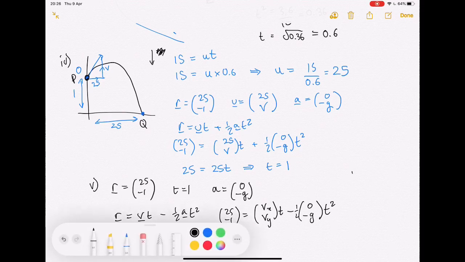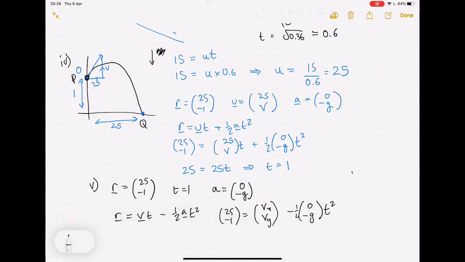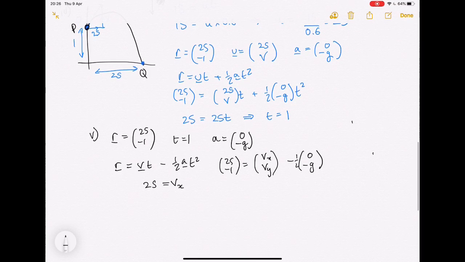But we know those t's are 1, and t squared is also 1. So what can we learn from here? Well, we can write down two things. We can write down 25 equals Vx, which we knew already because the horizontal component of velocity is constant, and we also get minus 1 equals Vy minus a half g, so plus g over 2.